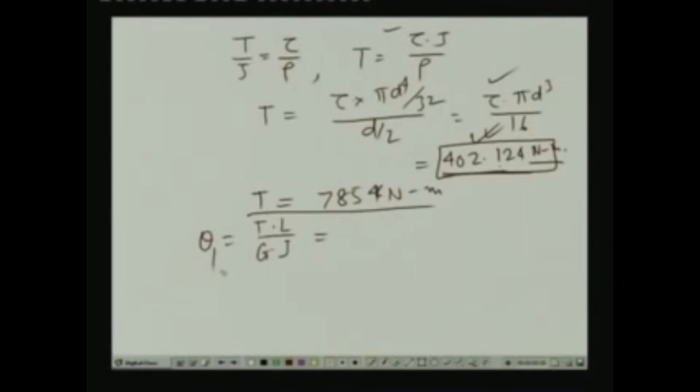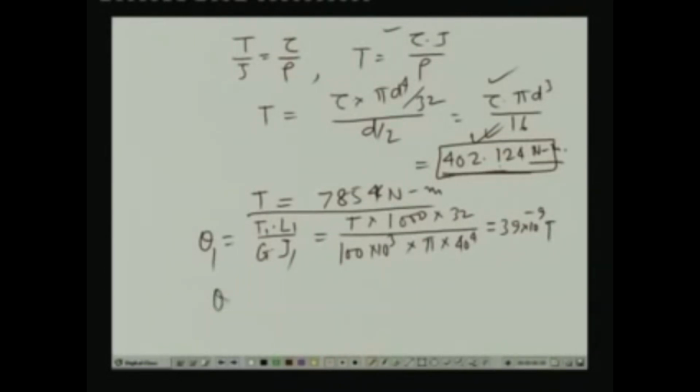So theta 1 will be equal to T1 L1 by G J1, and if we write this as T times L as 1000 times 32 divided by G as 100 into 10 to the power 3, and J as pi times 40 to the power 4 by 32, this comes as 39 into 10 to the power minus 9 T.